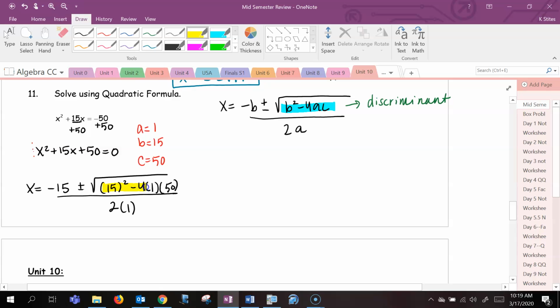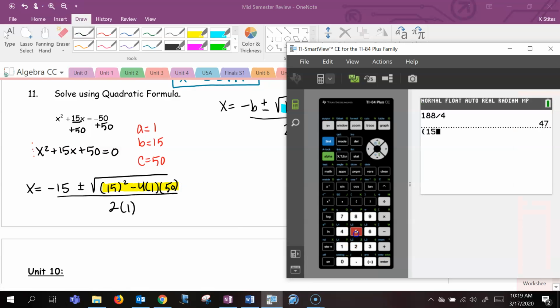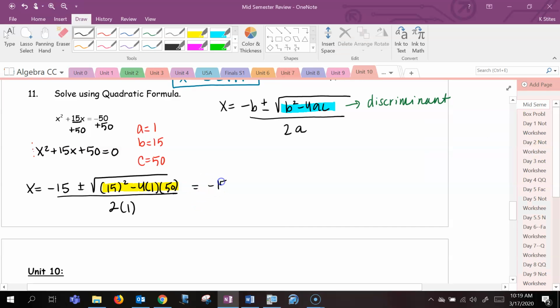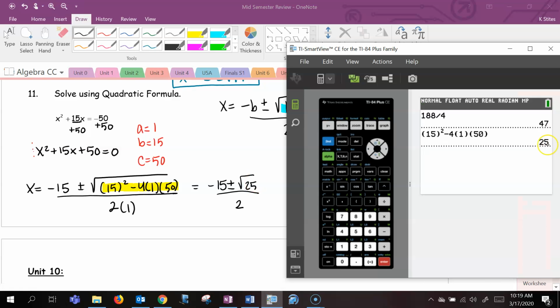Okay, now we'll evaluate the discriminant. So we can just type that in, and we get a 25. Two times 1 is 2. So notice we have a positive discriminant, 25, so that means that we'll have two answers here.